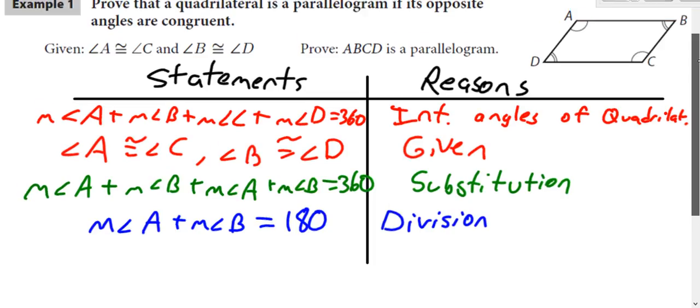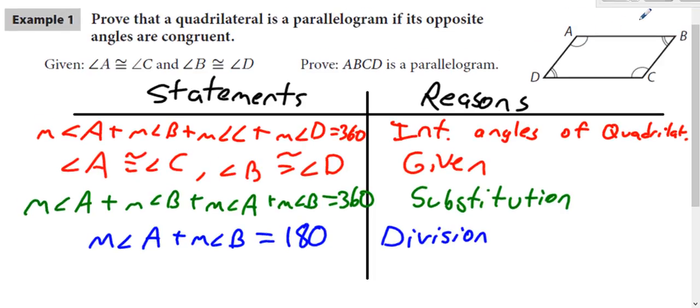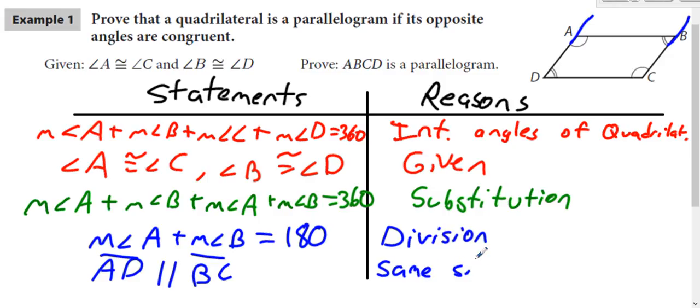So angle A and angle B, if these are the parallel lines, then angle A and angle B are same side interior angles, and they add to 180. So that means that those lines are parallel. AD is parallel to BC because they are same side interior angles.